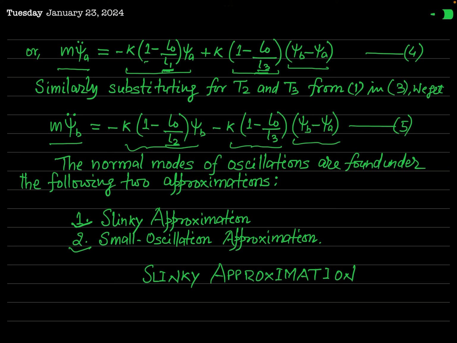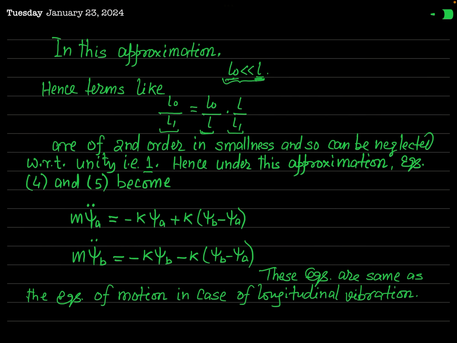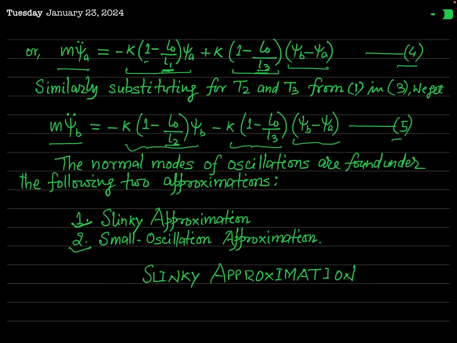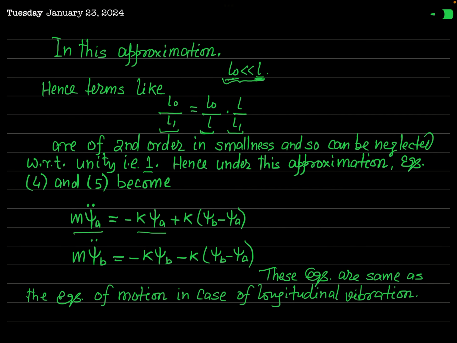So making this approximation, or you can say neglecting all the terms L naught by L in comparison to 1, now our equations of motion defined in 4 and 5 will become simply like this: m times psi a double dot equal to minus k times psi a, because here we have neglected it, plus k times psi b minus psi a.